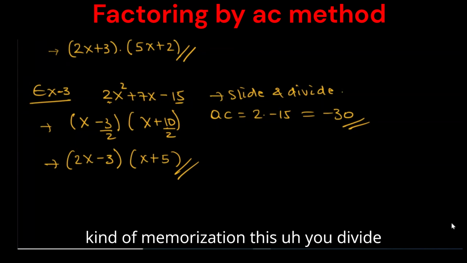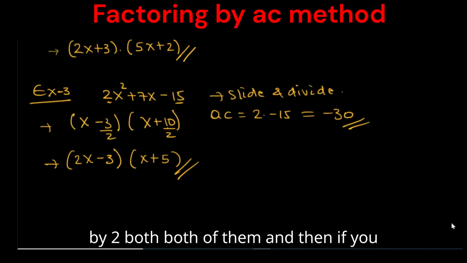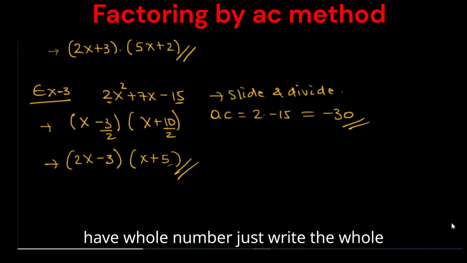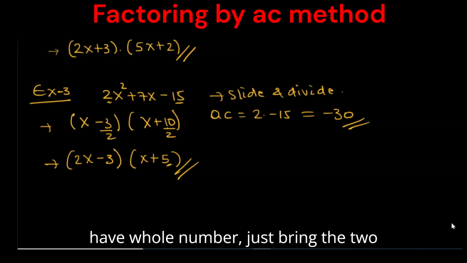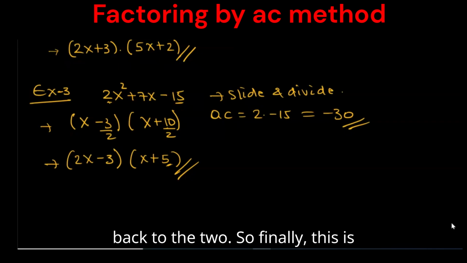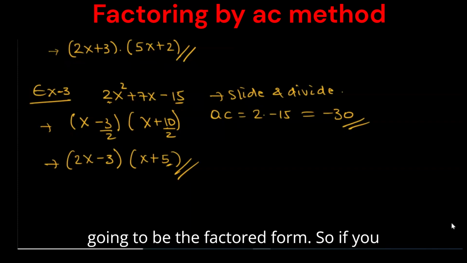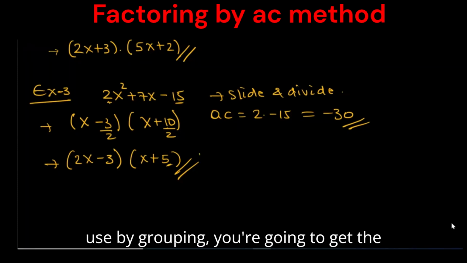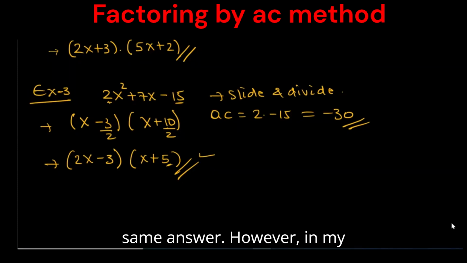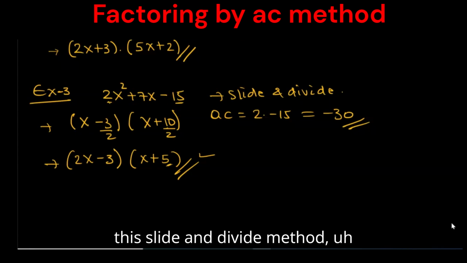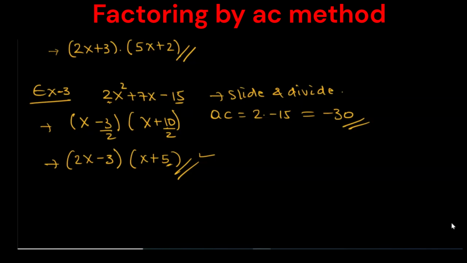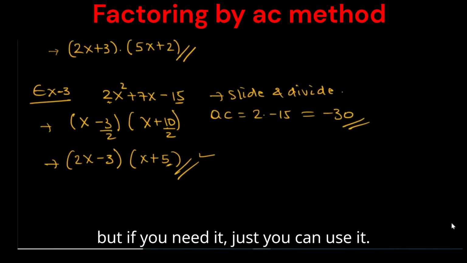You divide both by 2, and if you have a whole number, just write it. If you don't have a whole number, bring the 2 back to the x. Finally, this is the factored form. If you use grouping, you get the same answer. However, in my opinion, I don't really recommend this slide and divide method, but if you need it, you can use it.